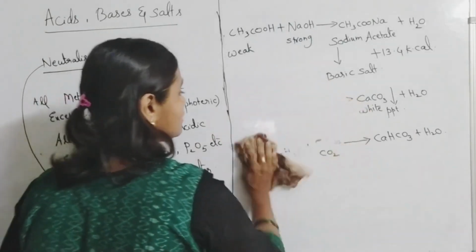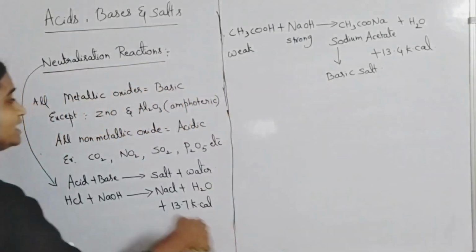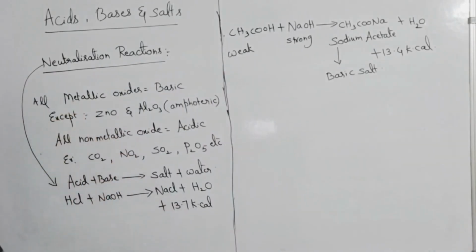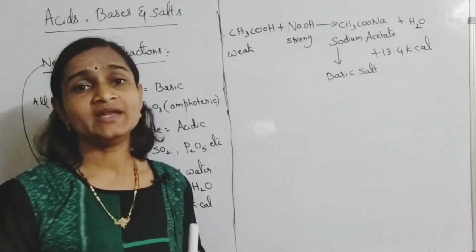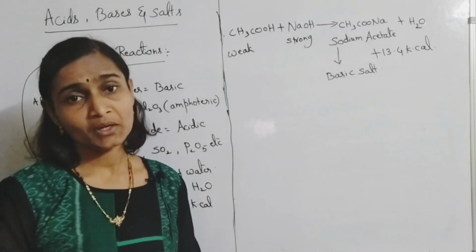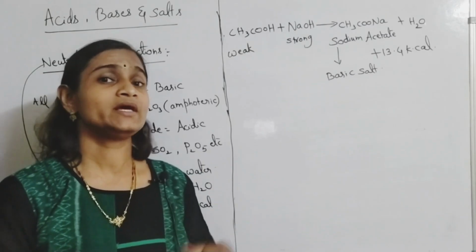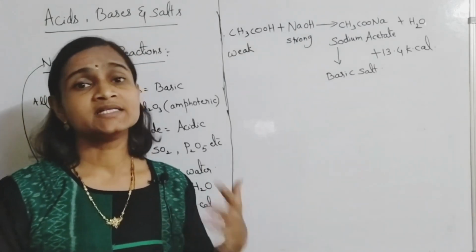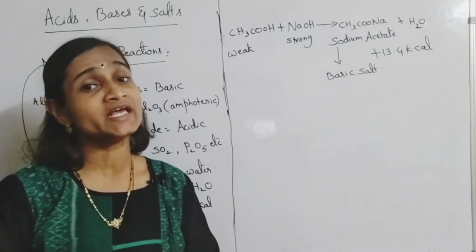Neutralization can be done even between metallic oxides and non-metallic oxides also. Non-metallic oxides, when they react with water, give acids. Metallic oxides, when they react with water, give bases. That is also treated as a neutralization reaction.